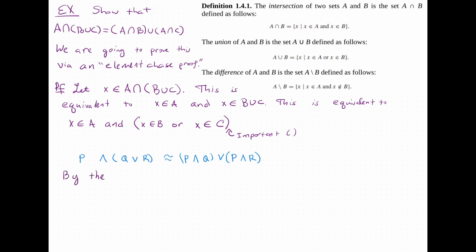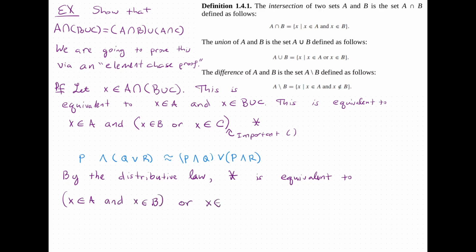By the distributive law, x is in A and x is in B, in parentheses, or x is in A and x is in C.